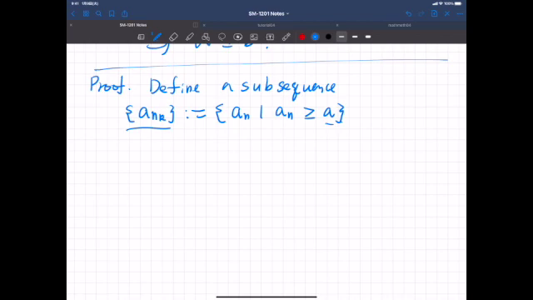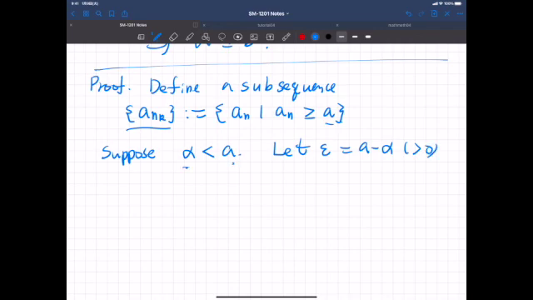Now we prove by contradiction. Suppose the limit alpha is less than a, then this should lead to a contradiction. Let epsilon be a minus alpha, which is positive.